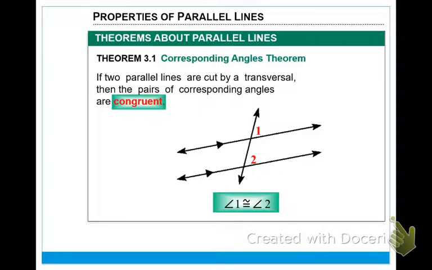So corresponding angles are congruent. Why did I write congruent? So right now we have vertical angles are congruent and corresponding angles are congruent. So this is the new piece of information that you don't have yet.